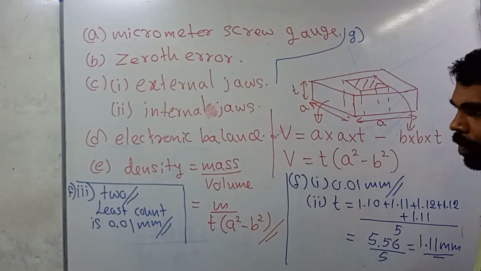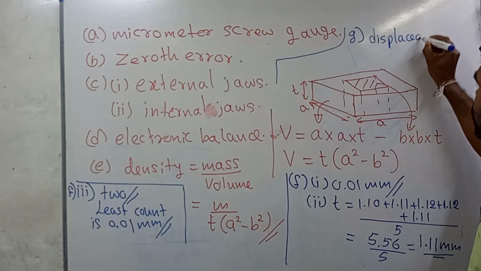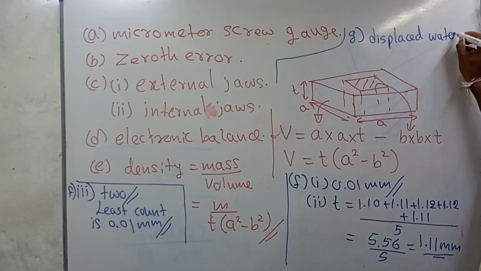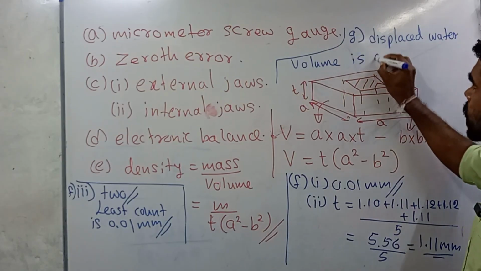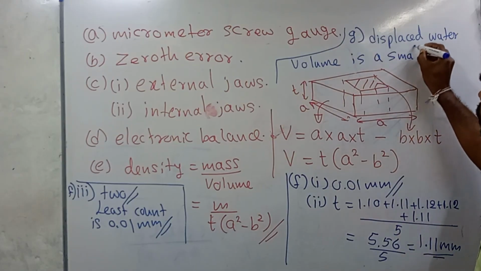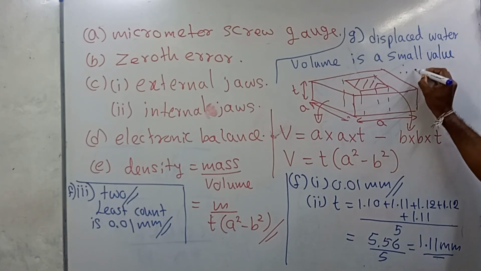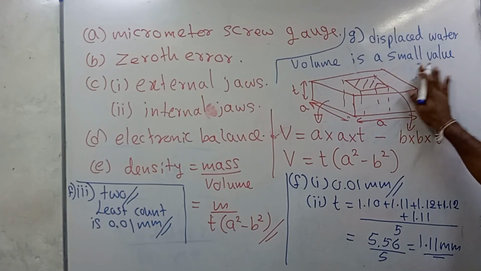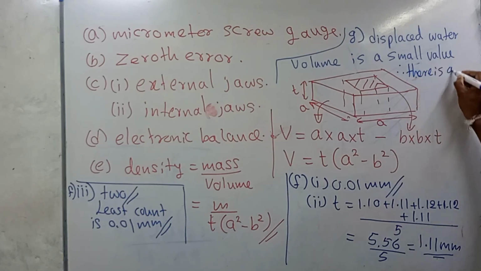Therefore, there is a high percentage error. Then we can write: displaced water volume is a small value, therefore the percentage error is a higher value.